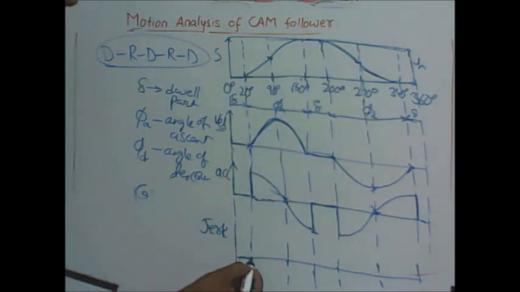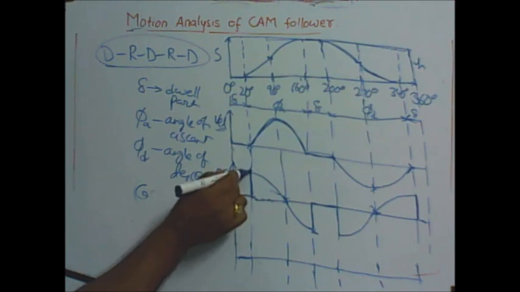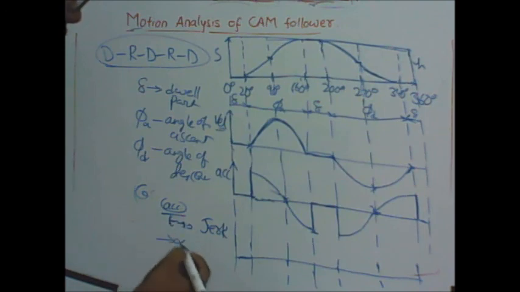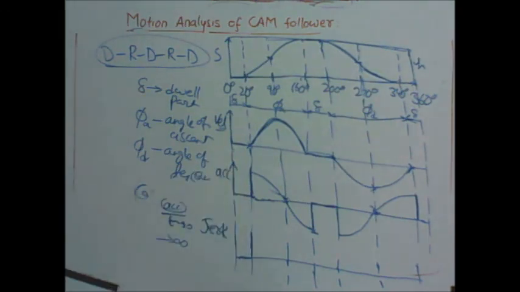But here acceleration abruptly changes from 0 to a certain value. Abrupt change means t tends to 0 in the denominator, some finite acceleration change divided by t. T tends to 0 means the jerk value tends to infinity. So it tends to infinity.